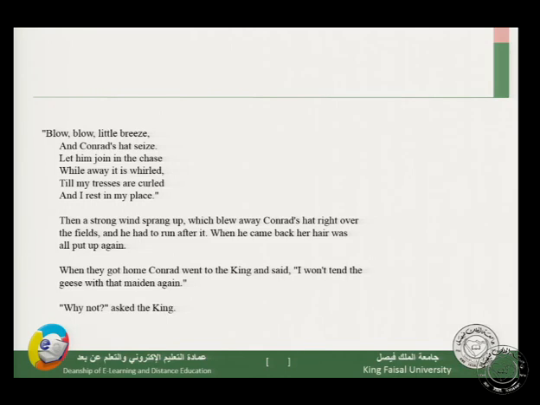So when he went back to the palace, he told the king what he had seen from that beautiful princess, and the king decided to go and hide somewhere and watch the princess from a distance.